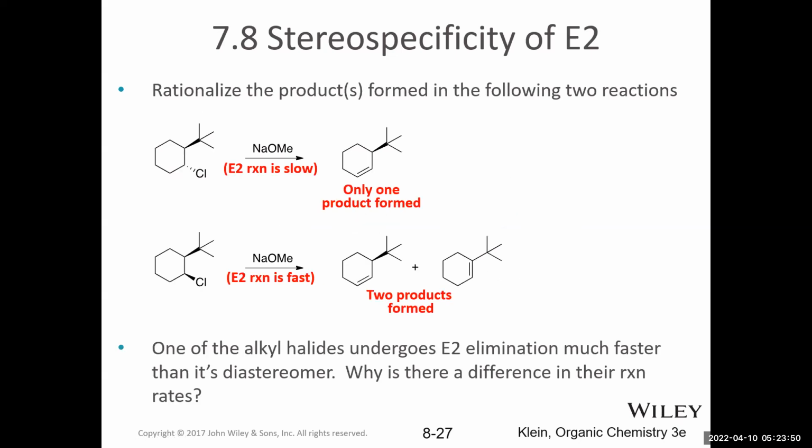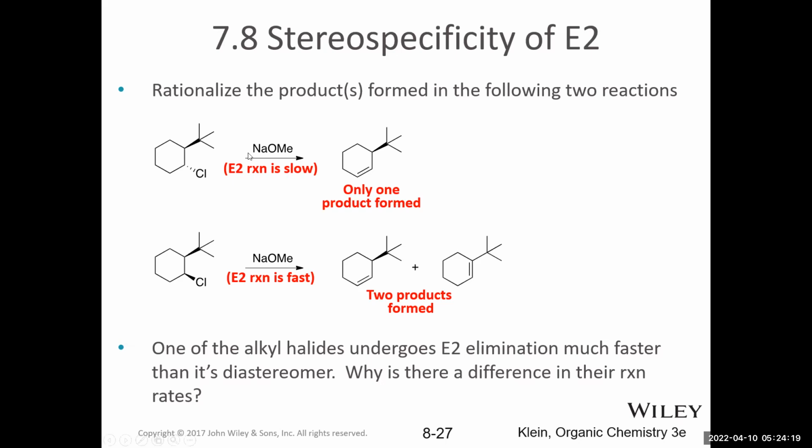So let's rationalize the product or products formed in these two reactions. In this top substrate, we only get one product, whereas the bottom substrate, which has different stereochemistry, will have two products. So that's the first thing we want to rationalize. But as well, we want to talk about the information that is given here about the speed of the reaction.